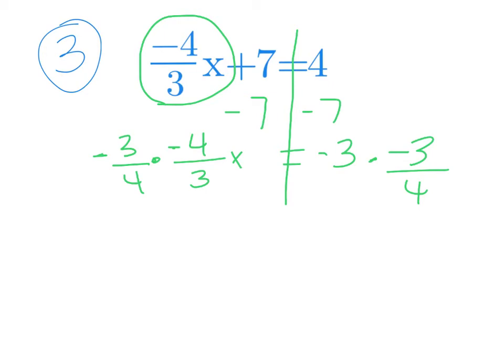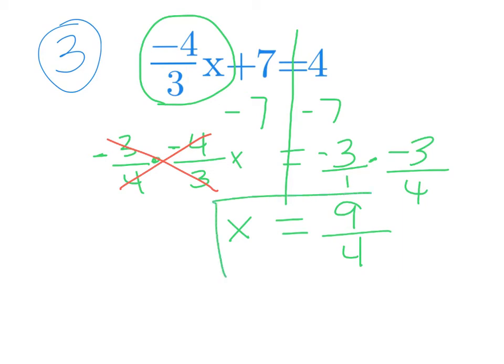Because what happens here is 4's cancel and the 3's cancel. So x equals, let's multiply straight across here. Negative 3 times negative 3 is positive 9 over 4. Feel free to put that 1 underneath there as well. So 9 over 4 is our answer here.